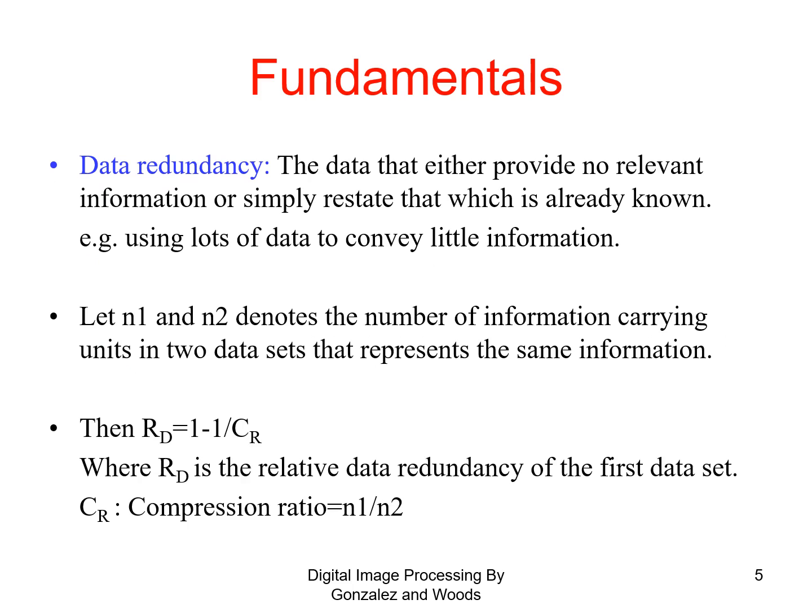So what is data redundancy? The data that either provides no relevant information or simply restates that which is already known. For example, if you go for a movie and your friend goes for the same movie, and you are narrating the story to a third person, you may take 100 words to narrate the story, but your friend may take 500 words.